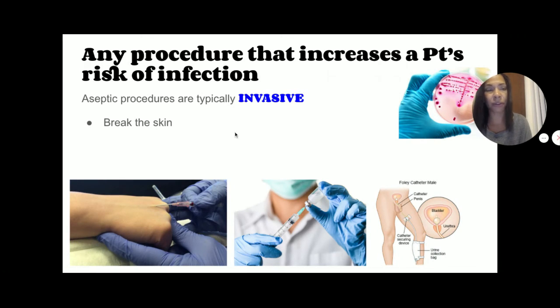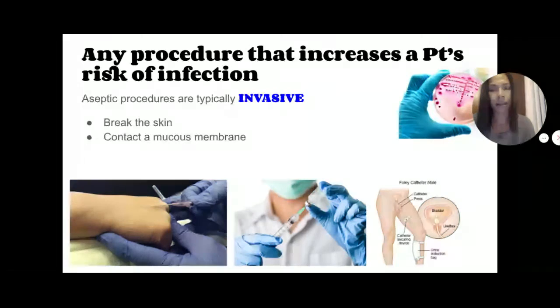Again, if you're going to break the skin, if you're going to contact a mucous membrane in order to give this treatment, then it requires aseptic technique, which means we need to do our hand hygiene, and then our hand sanitizer, let that dry, and then put on non-sterile gloves.